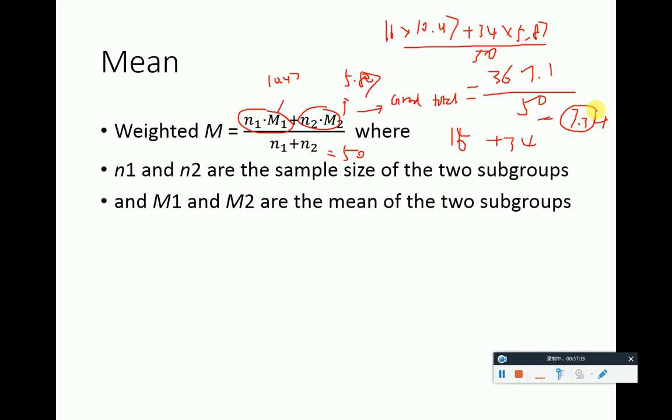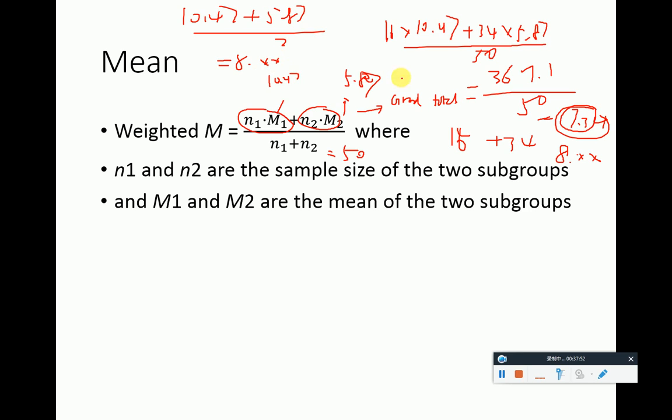So this value, 7.34, is obviously different from the mean that we calculated using the wrong formula, 8 point something. The average that we calculated using 10.47 plus 5.87 divided by 2 gives us 8 point something.